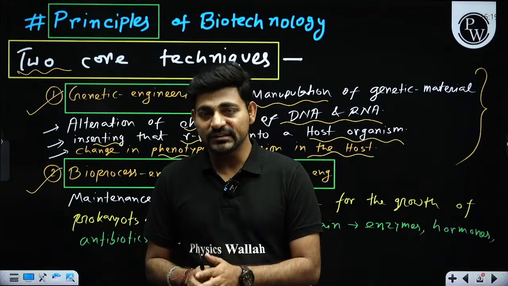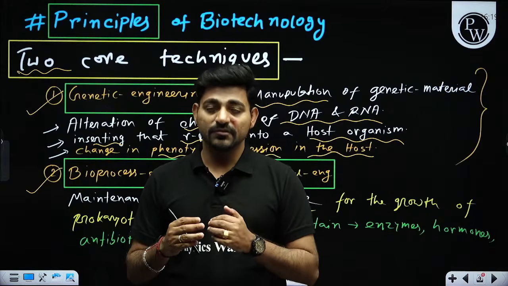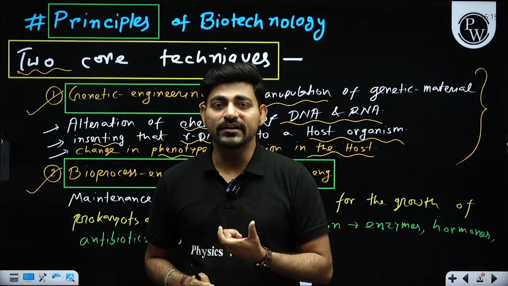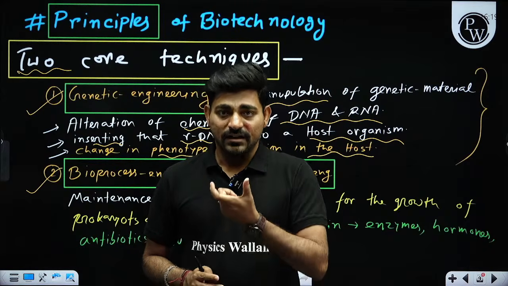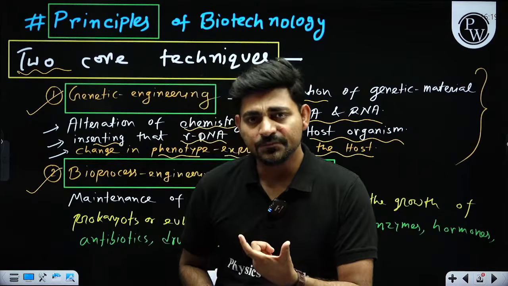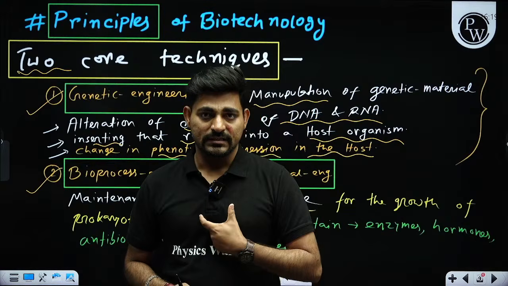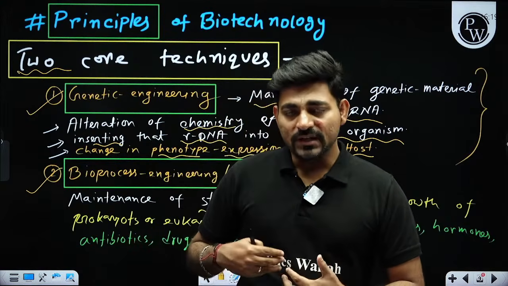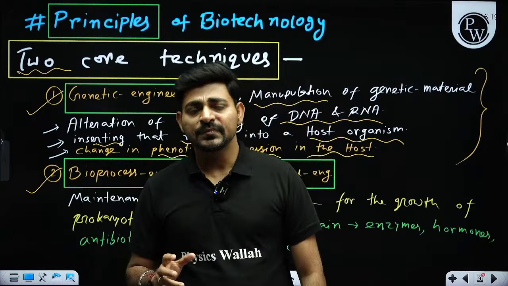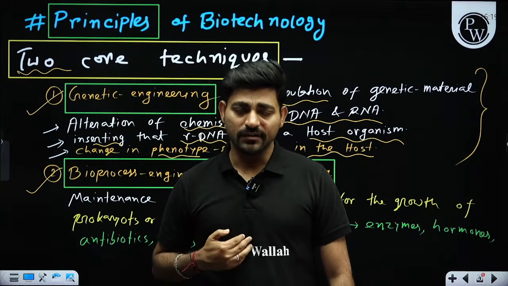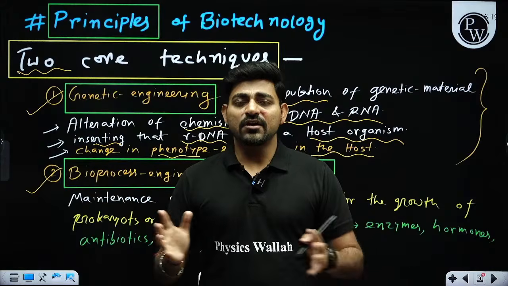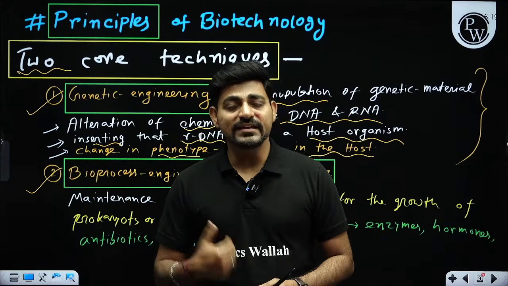Though it's hypothetical, if we want to convey the actual motto of biotechnology, it is to make a normal organism superior, or a normal organism to work for us. Like inside our body, our pancreas is producing insulin hormone, which is required to lower the glucose level in our body, right? But from nature, it's not possible to obtain human insulin.